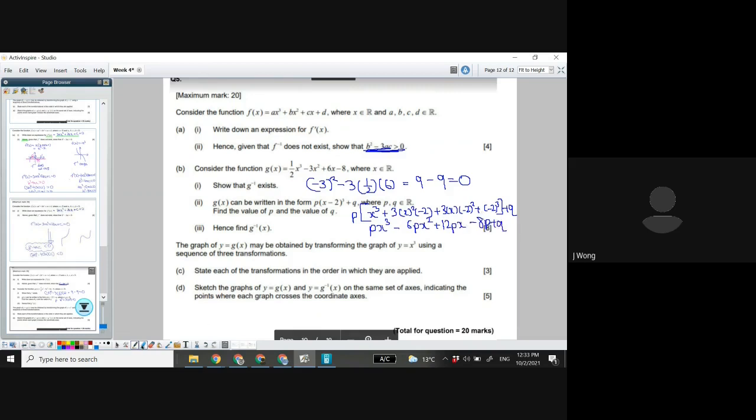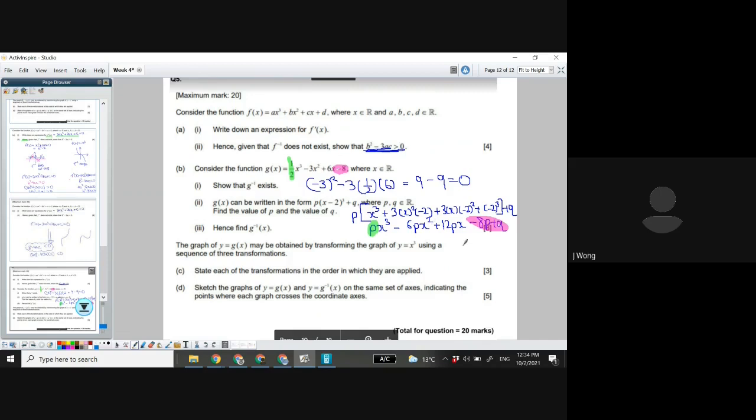Therefore, what you could do really to find p and q is to just compare coefficients, and then you get the answer. Actually you just need the constant term, and you just need the coefficient of x cubed.